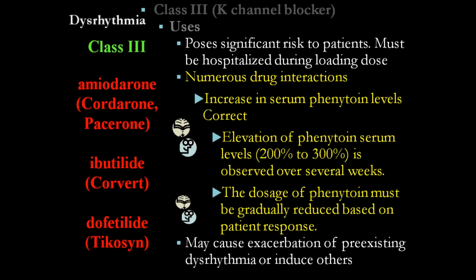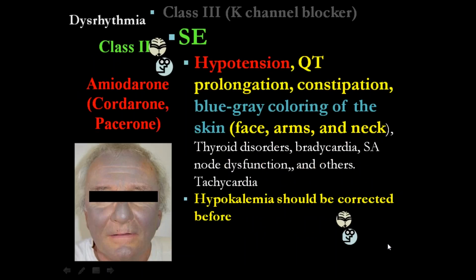Phenytoin is an anticonvulsant, and amiodarone is going to elevate the phenytoin levels, and that can lead into toxic levels. So here we have class 3 amiodarone. Again, all the antiarrhythmics can lead into hypotension, right? And QT prolongation, as we already mentioned in the previous slides.